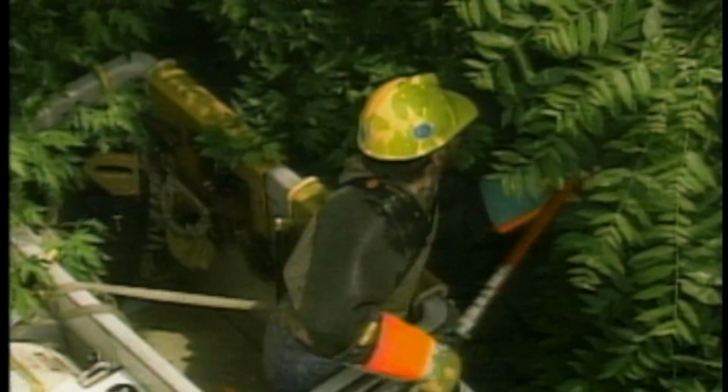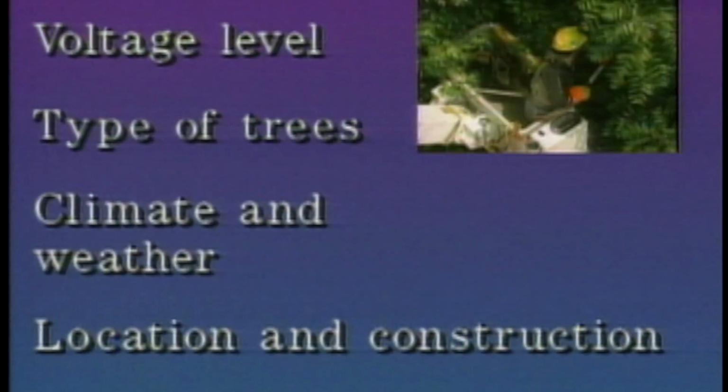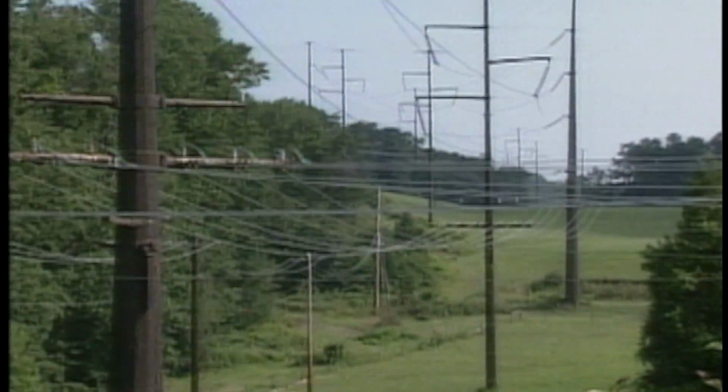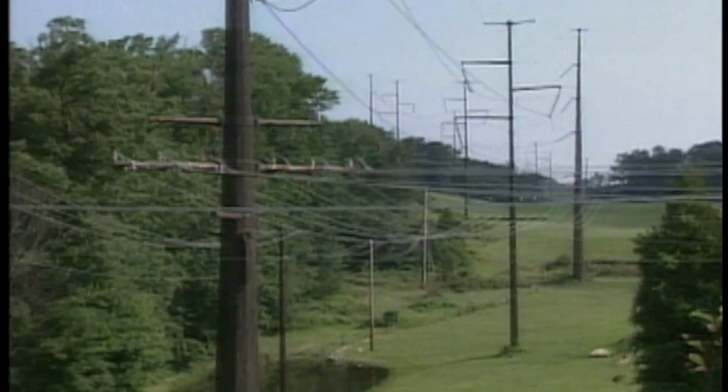The frequency of tree trimming in any area and the clearance required depend on many variables. Some of these variables are the voltage level of the lines, the types of trees involved, the climate and weather, and the location and construction of the lines. In some cases, the amount of clearance needed is largely dependent on the importance and location of the line.